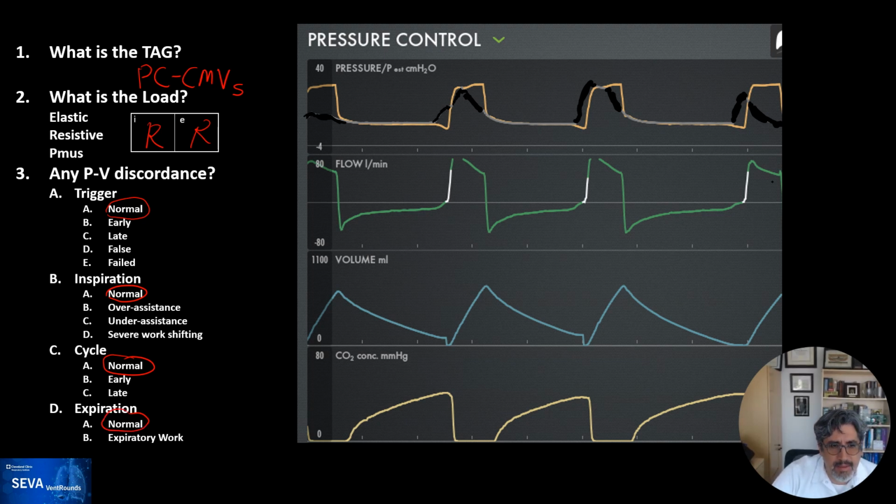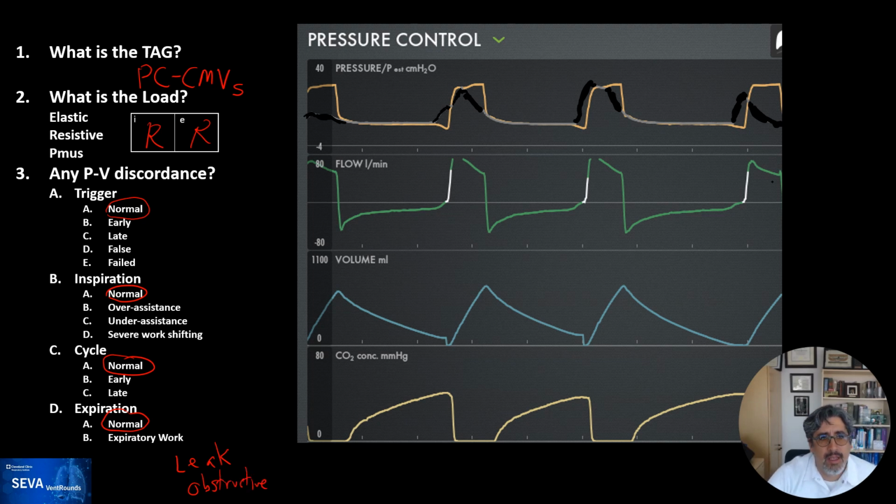And at the bottom of these waveforms, you have some amount of leak. You see the discrepancy between inspiratory and expiratory. So I would say that there's a leak. And on the last, you have the time-based capnogram, and it has the classic shark fin, which would tell you that there is obstructive disease.